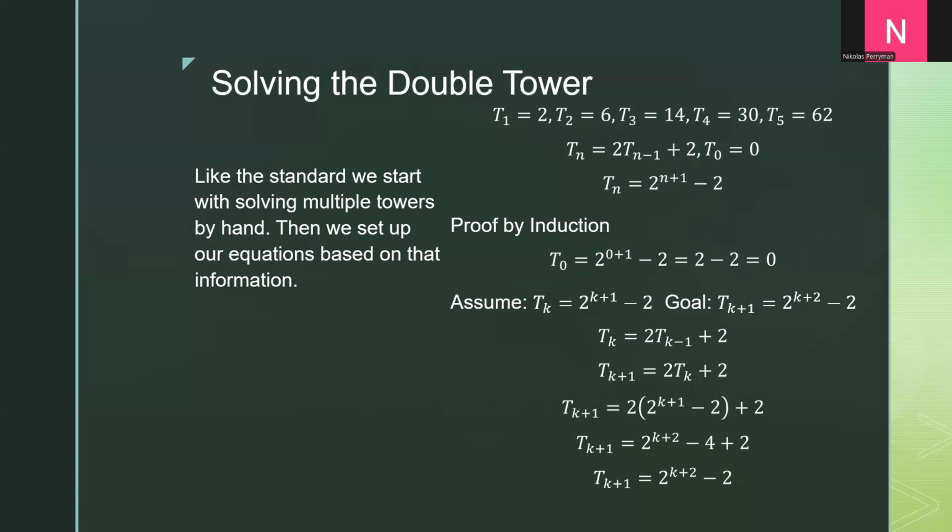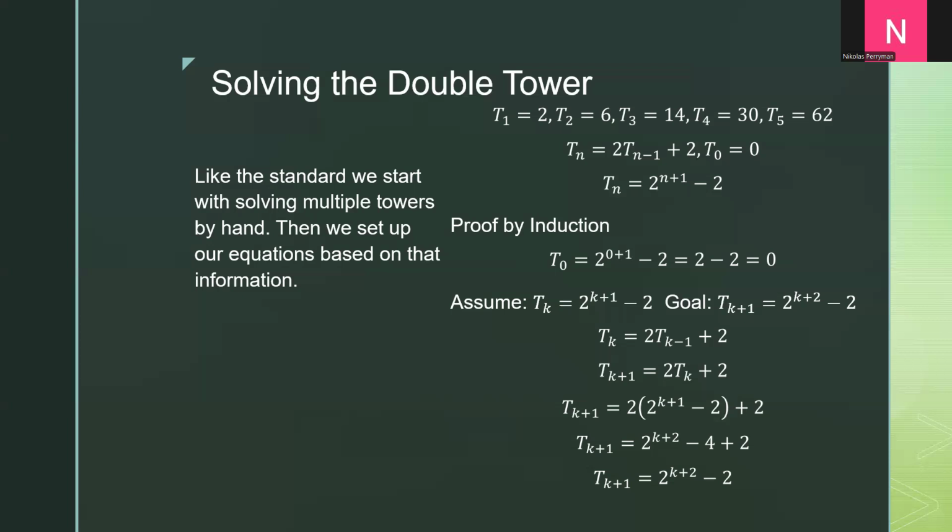And this equation has a base case of T sub 0 equals 0. So that's just something that we have to make sure is maintained throughout the process. So with this equation, you can also just make sure as you keep going, checking with what you've already done manually, that it is in fact matching up.